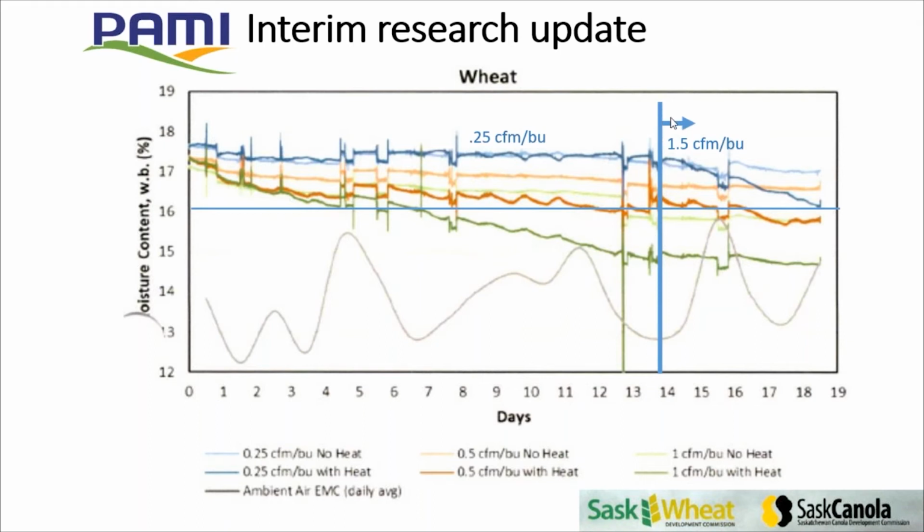After 14 days, they increased the airflow rate up to 1.5 CFM per bushel, and you can see that instantly both the natural air drying in the light, and even more so the supplemental heating scenario, resulted in significant drying. I'll also add that the supplemental heat system they use is a delta T, so they add 10 degrees Celsius to the ambient.